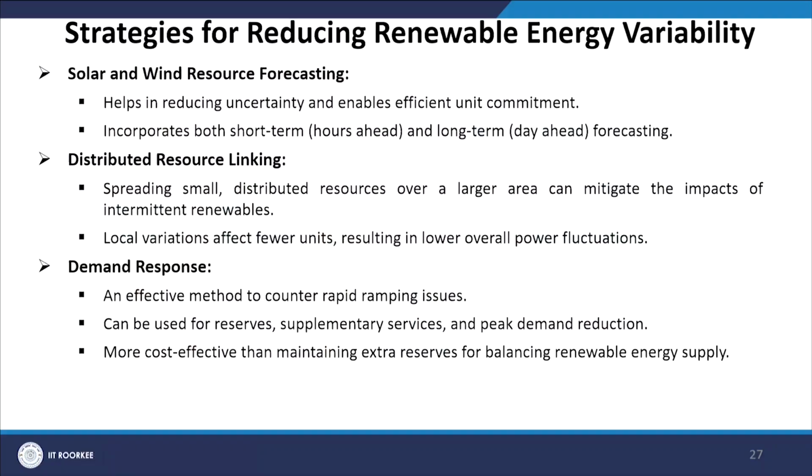Local variations affect fewer units, resulting in lower overall power fluctuations. Demand response, an effective method to counter rapid ramping issues, can be used for reserves, supplementary services, and peak demand reduction, and is more cost effective than maintaining extra reserves for balancing renewable energy supply.